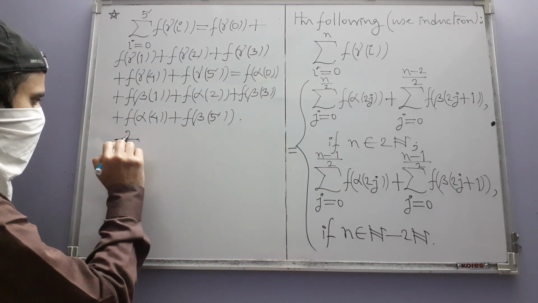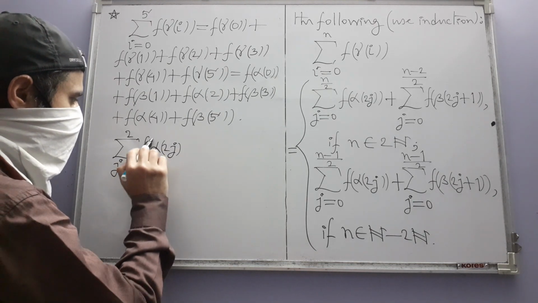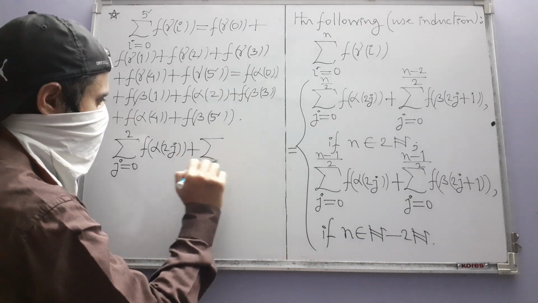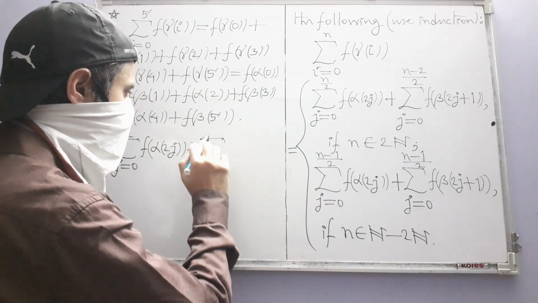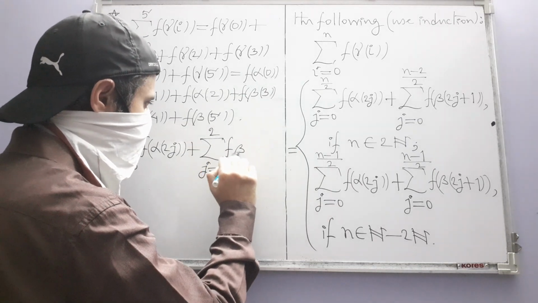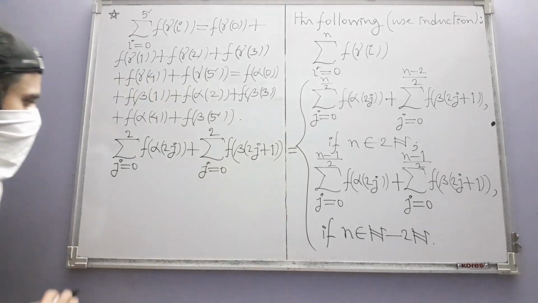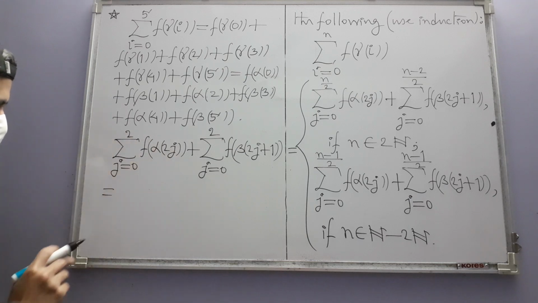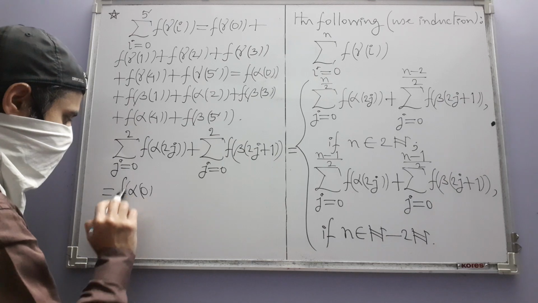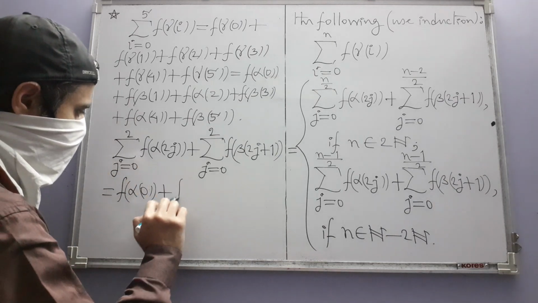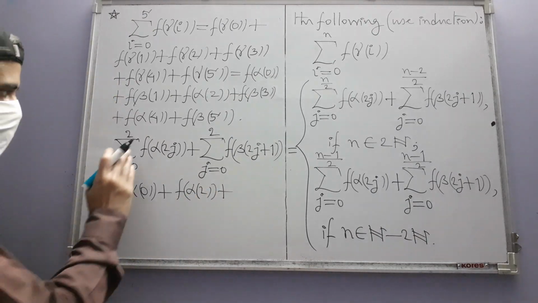So the first sum goes up to 2, and the second sum is again up to 2. From this one, what shall we get? f of alpha of 0 for j equal to 0, f of alpha of 2 for j equal to 1, and f of alpha of 4 for j equal to 2.